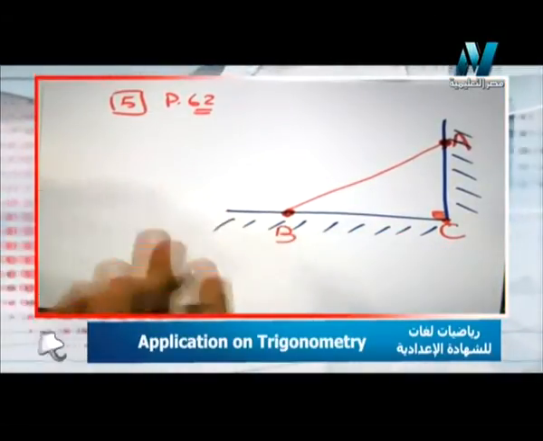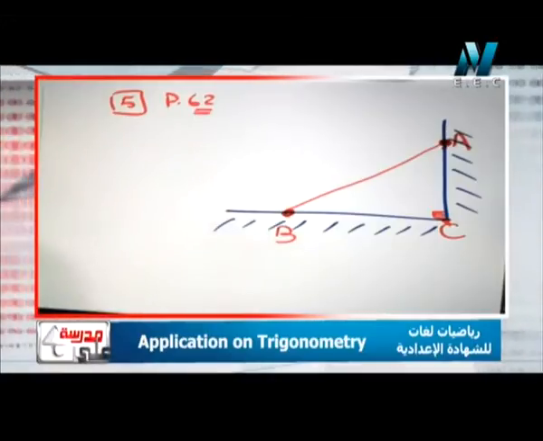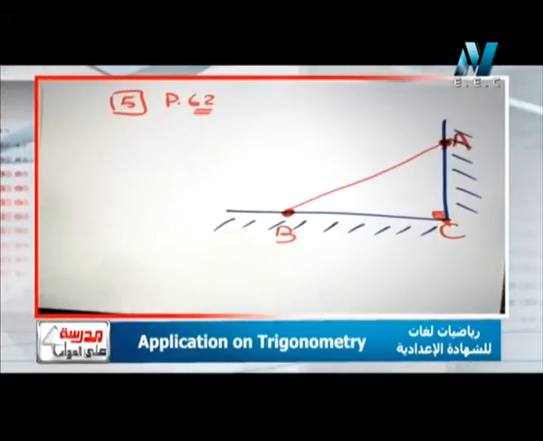Actually, this sentence confuses some students about what the slope of the floor is. The slope here is the angle the ladder makes with the floor, and the measure of this angle is 60 degrees.